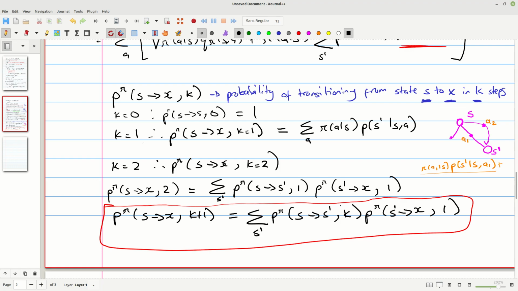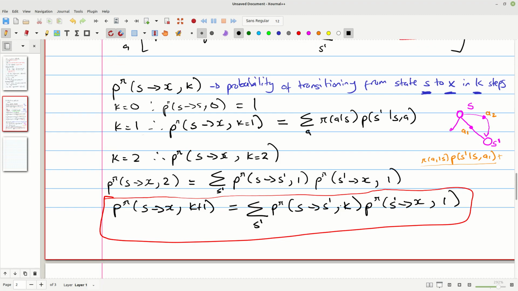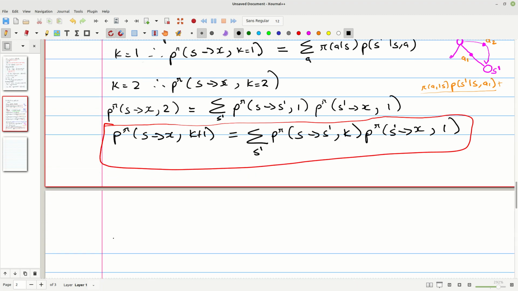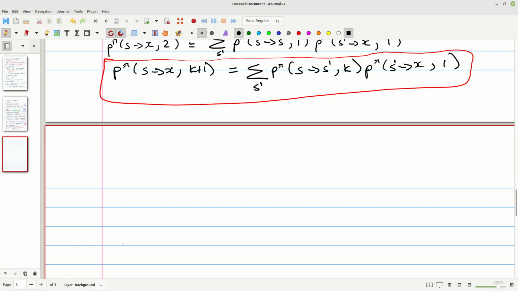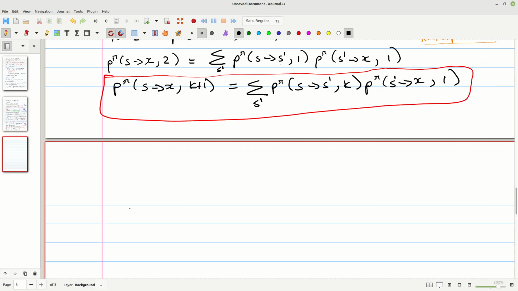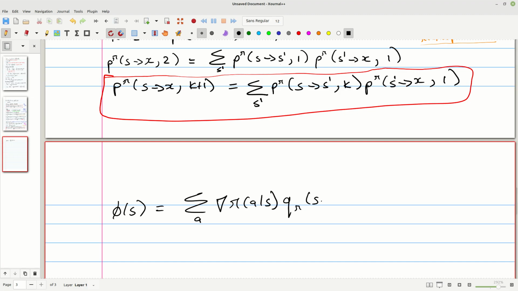So let's go back to our equation here. I'm going to assign phi of s to be equal to the summation over all actions of the derivative of pi a given s times q pi of s comma a.